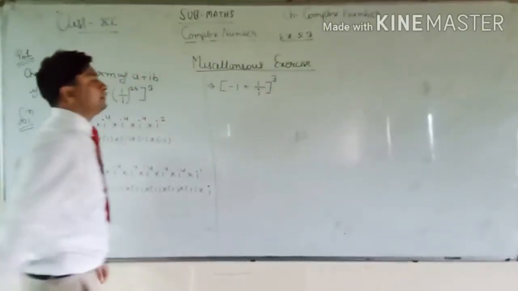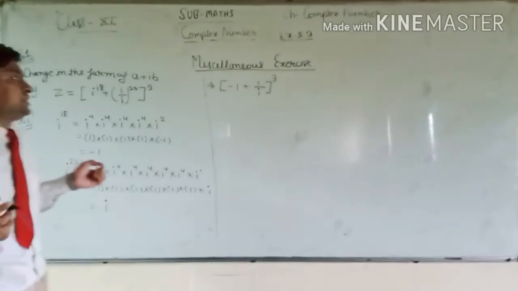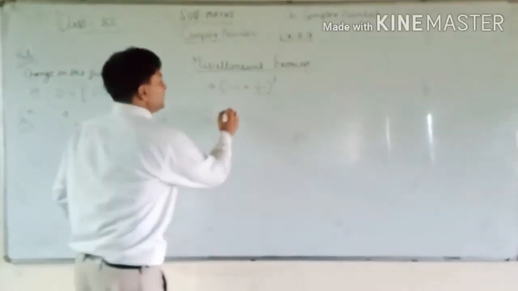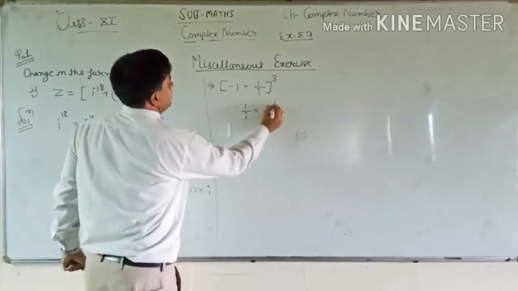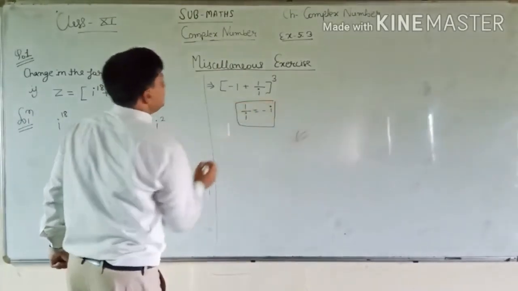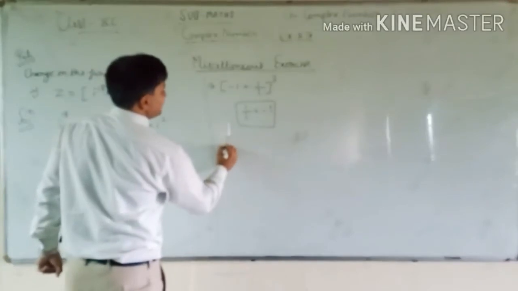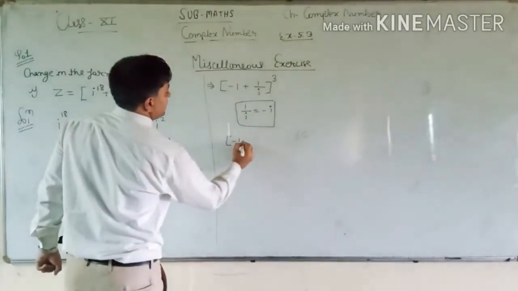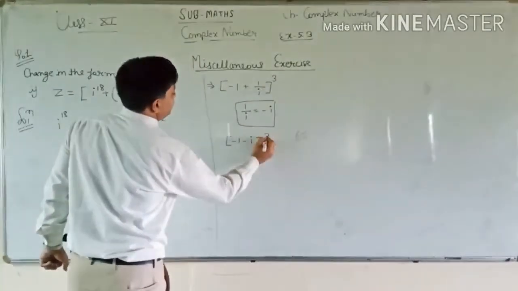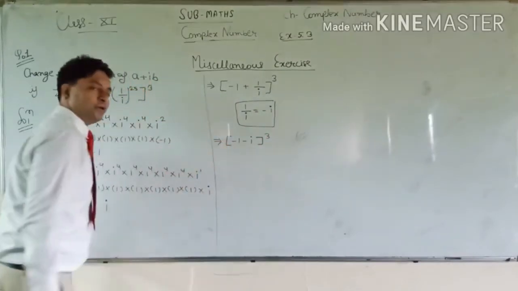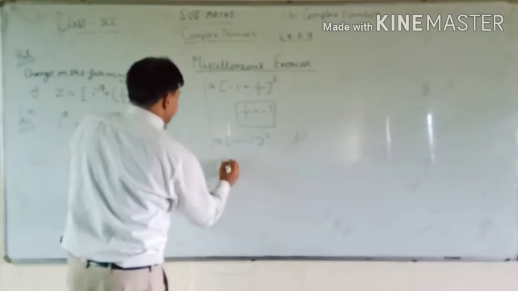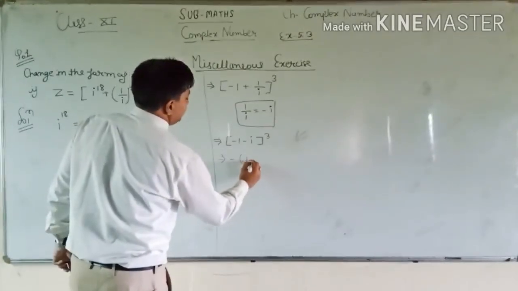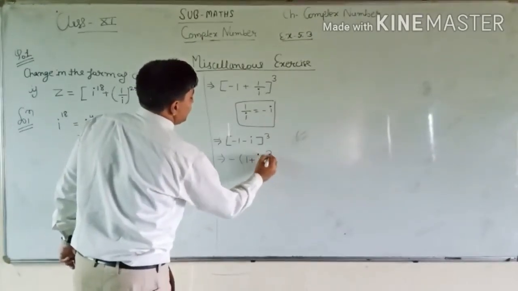We know from previous questions that the value of 1 upon iota is equal to minus iota. So this is in the form of minus 1 minus iota, power 3. Okay, now the common factor is minus, so we find 1 plus iota whole cube.